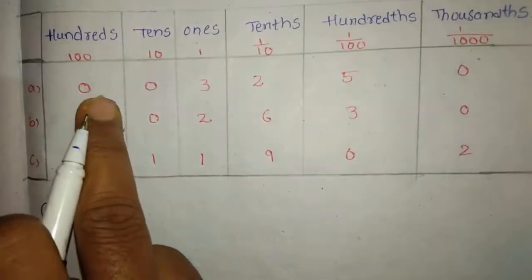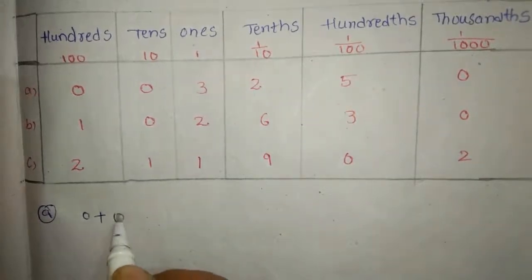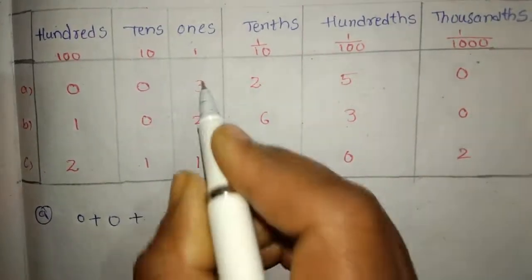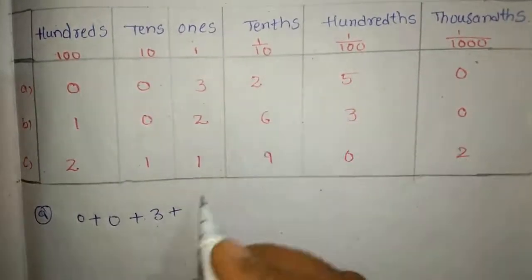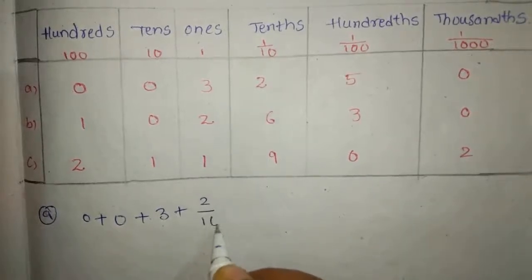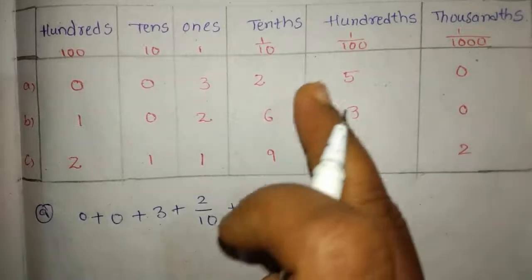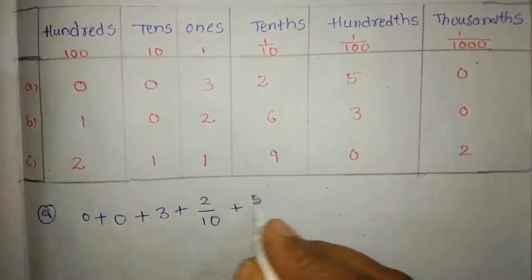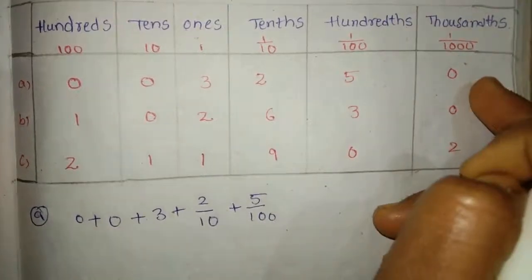Now in this, hundreds place is 0 plus tens place is 0 plus ones place is 3 plus tenths place is 2, that can be written as 2/10, plus hundredths place is 5, that can be written as 5/100, plus thousandths place is 0.